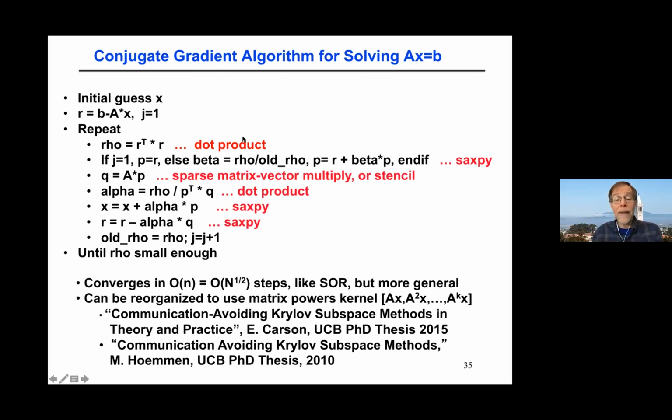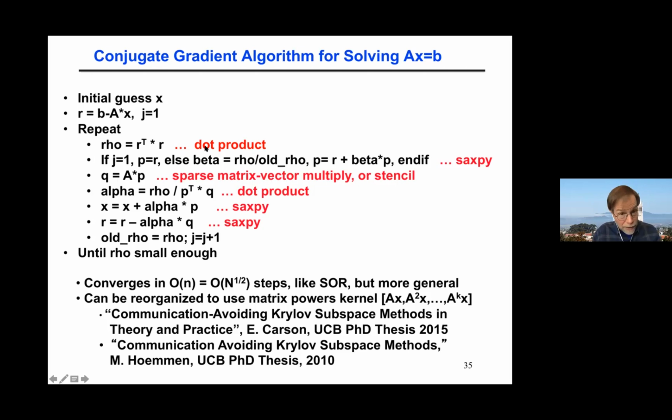So what are the bottlenecks inside the inner loop? Most of the time is spent in this line of code, which is a sparse matrix vector multiply, or the stencil operation, averaging with your nearest neighbors. So again, this is where all the time is spent. What else happens in the inner loop?